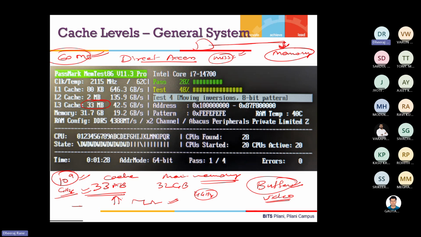I'll go through this specific case as to what exactly will happen, and then we'll have a discussion in the next session.